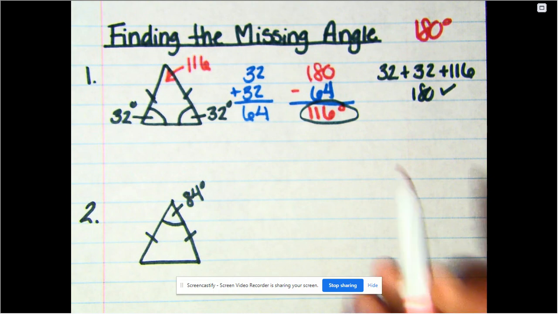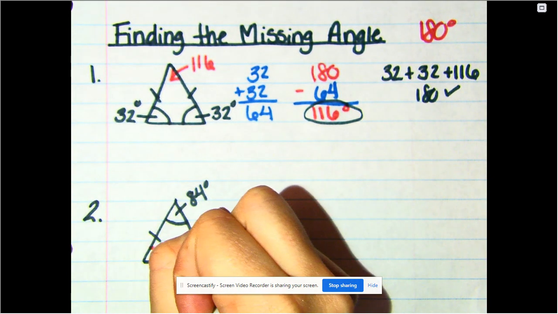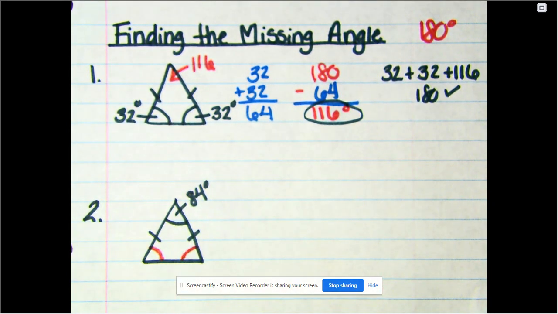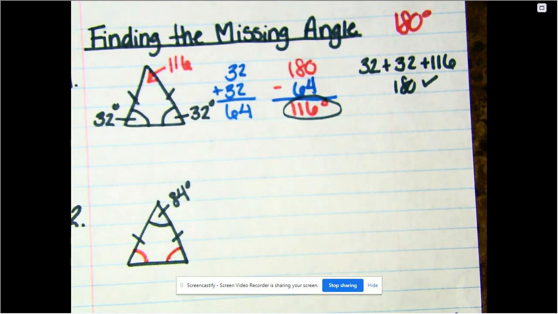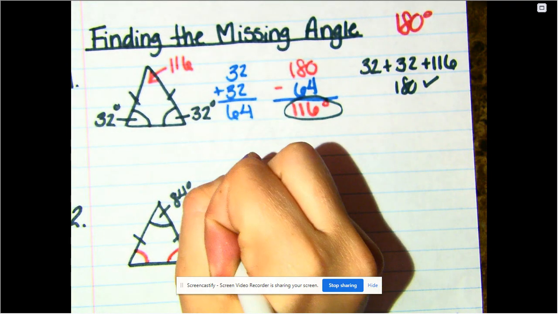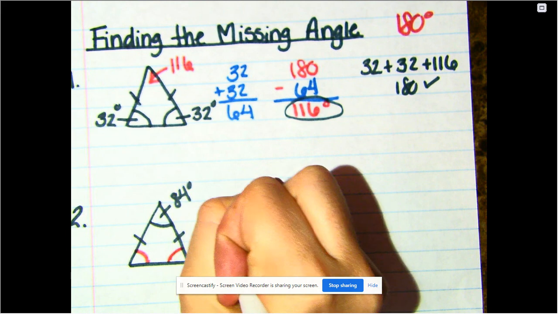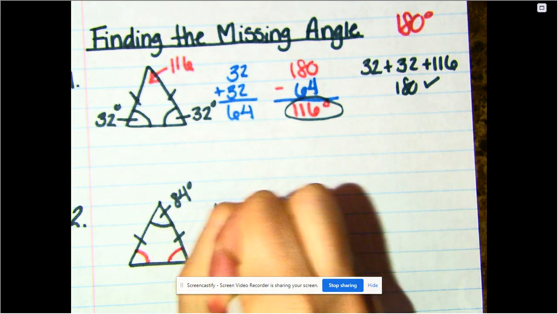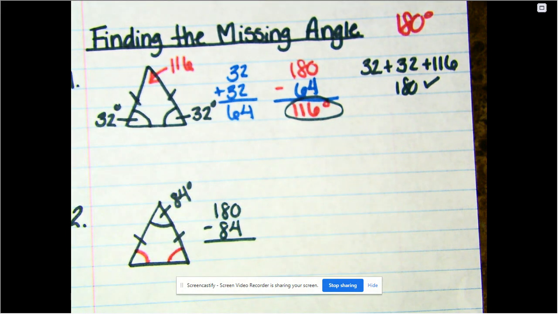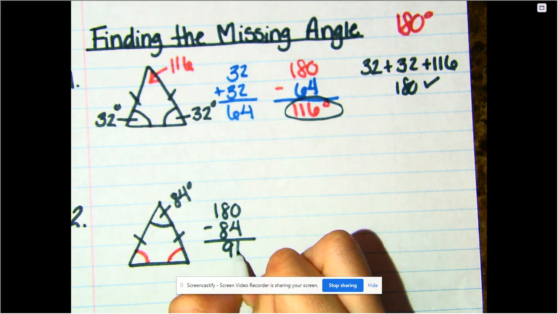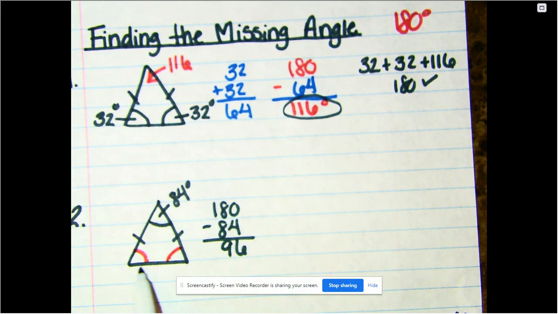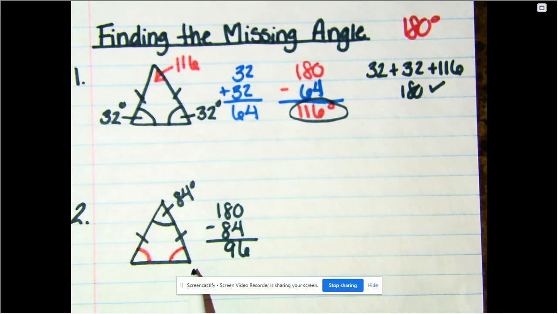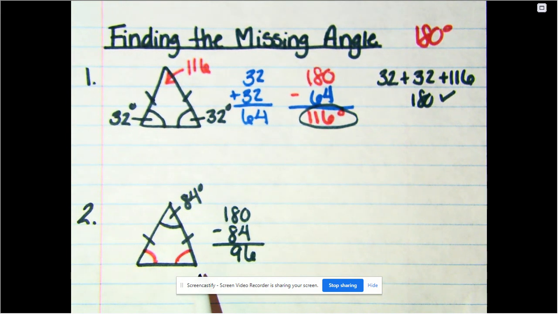So let's say that the isosceles, the two angles that are the same happen to be the ones that are missing. So I'm going to do 180 because that is the total. And we're going to subtract 84. Okay, so 180 minus 84 happens to be 96. So I know that these two angles have to add up to 96, and they are the exact same angle.